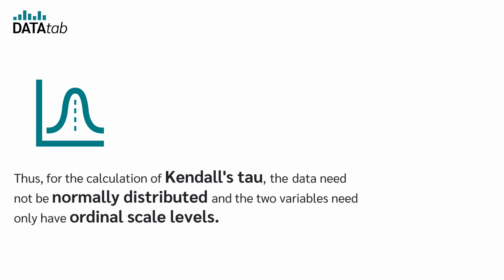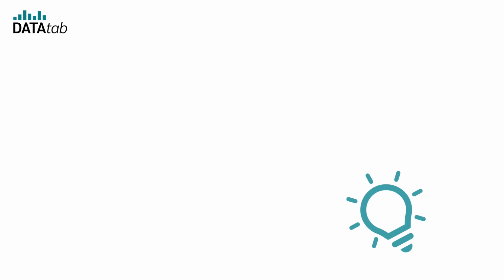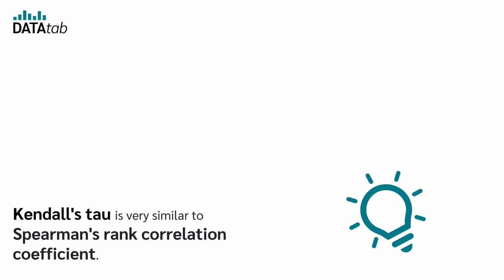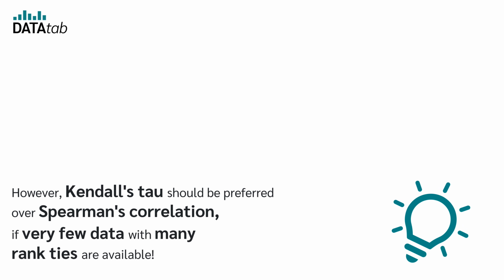Thus, for the calculation of Kendall's Tau, the data need not be normally distributed and the variables need only have ordinal scale levels. Exactly the same is true for the Spearman rank correlation, right? That's right! Kendall's Tau is very similar to Spearman's rank correlation coefficient. However, Kendall's Tau should be preferred over Spearman's correlation if very few data with many rank ties are available.